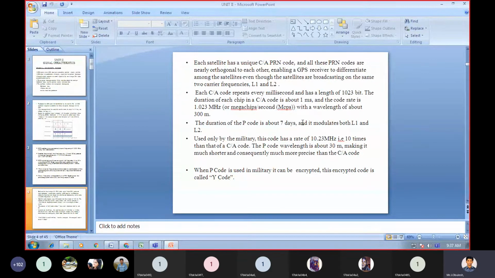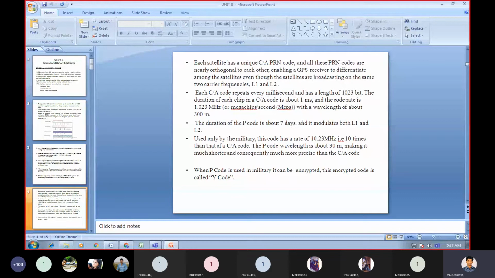The C/A code will have a duration of 1 millisecond. Keep in mind that the code rate is 1.023 megahertz, the wavelength is about 300 meters, and it repeats every millisecond. This is for the C/A code.